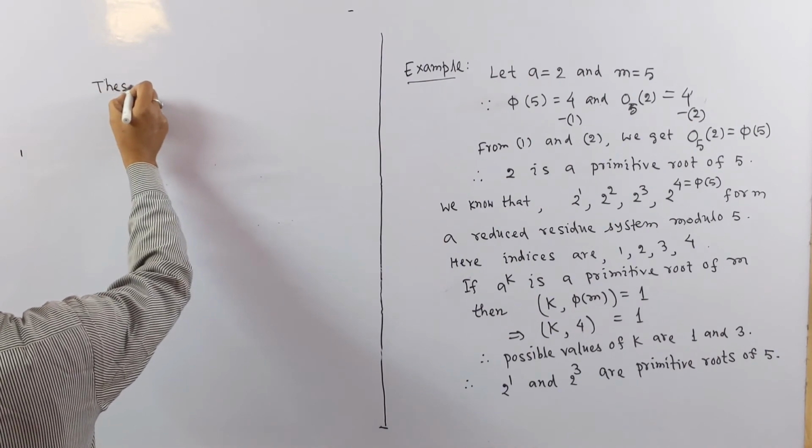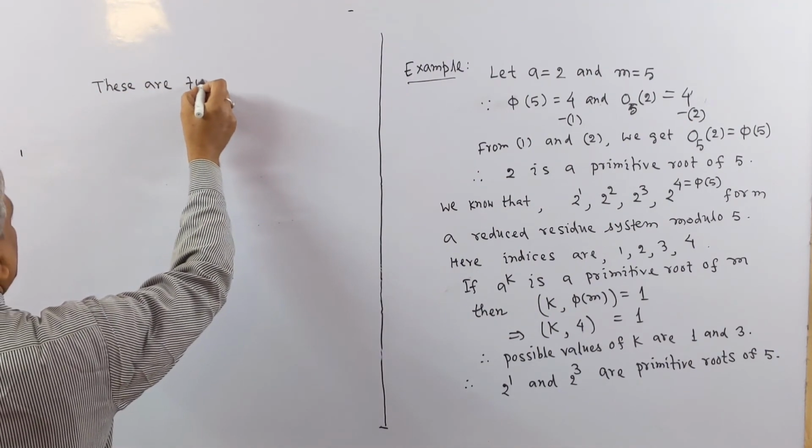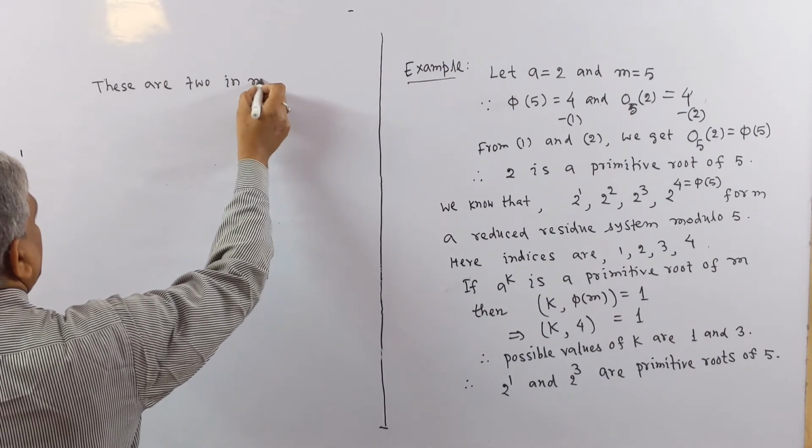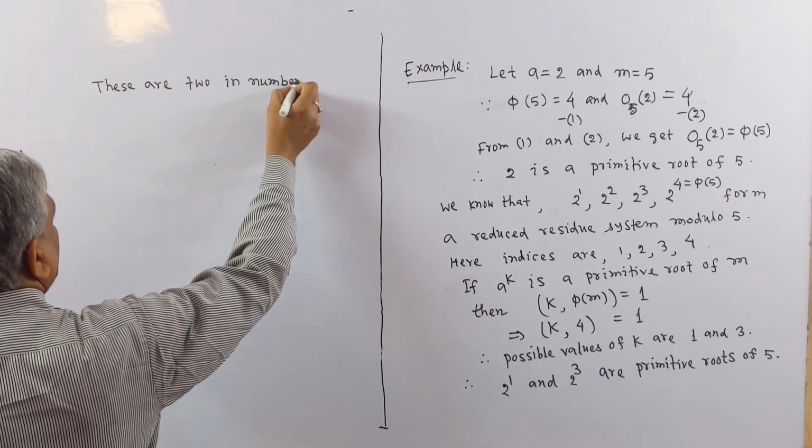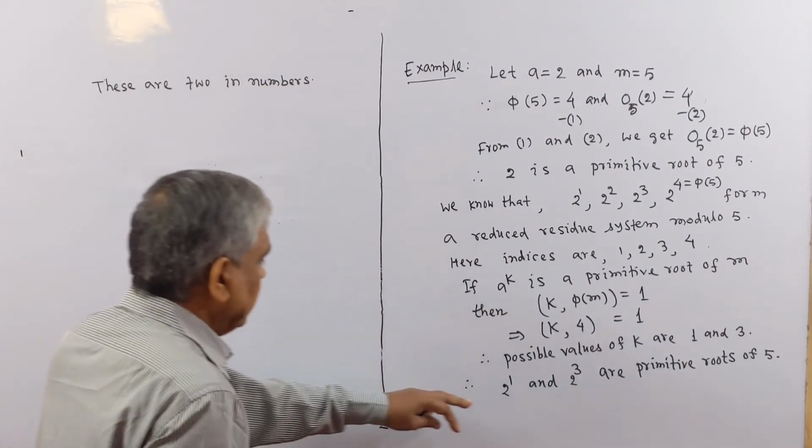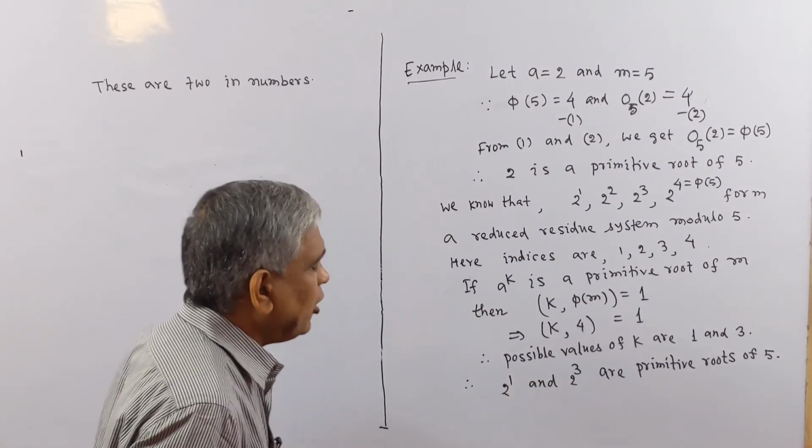These are 2 in number. Means we get 2 primitive roots of 5.